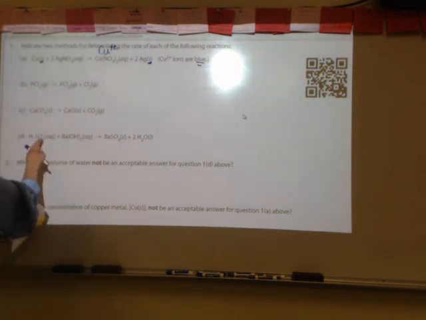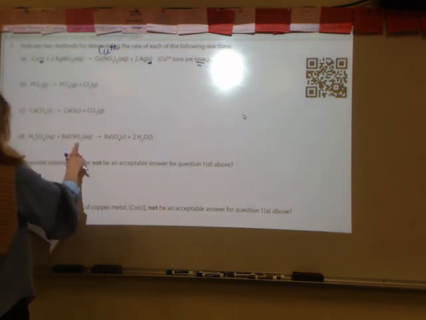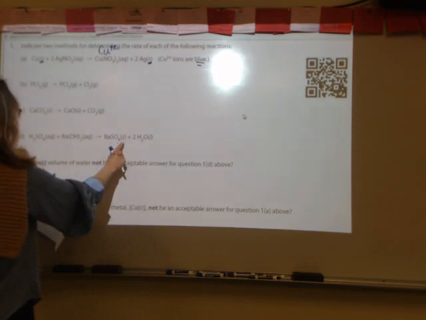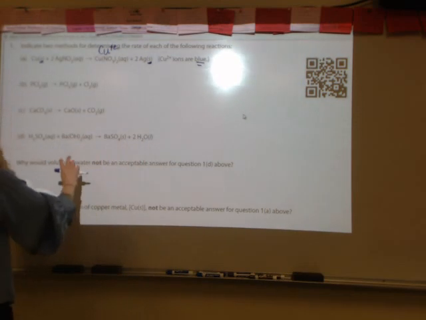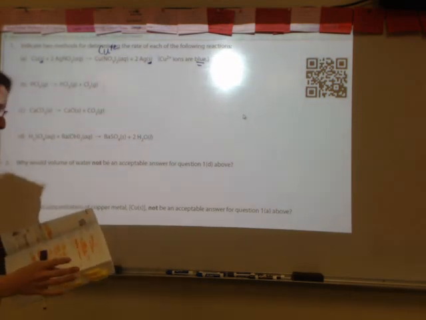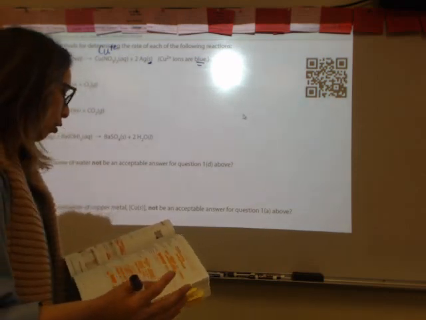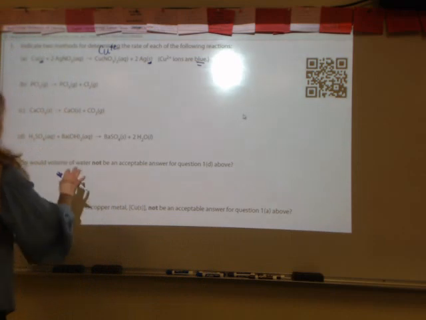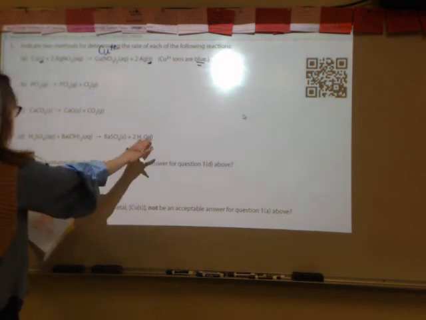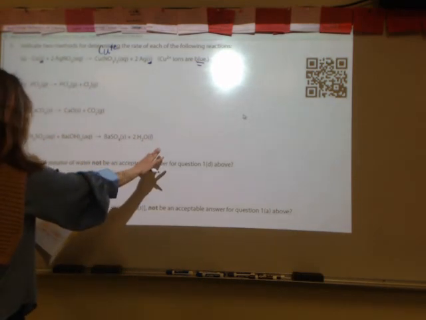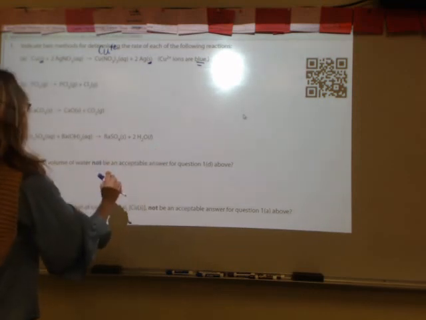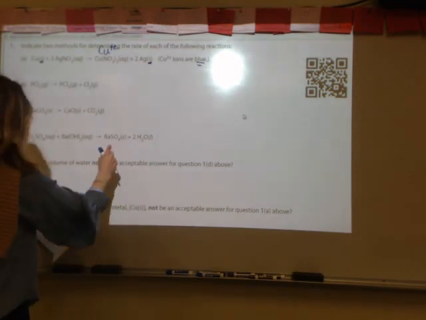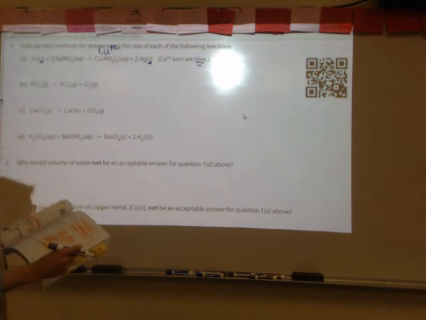For D, you've got sulfuric acid with barium hydroxide. You're producing a solid product and liquid water. There should be a pH change. You could also use a conductivity probe because you've got an acid and a base that are being consumed, and you're not producing anything that has freely moving ions in it on the product side. You can also measure the mass of barium sulfate that's formed over time.